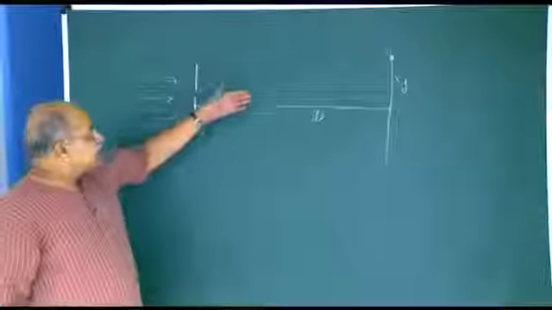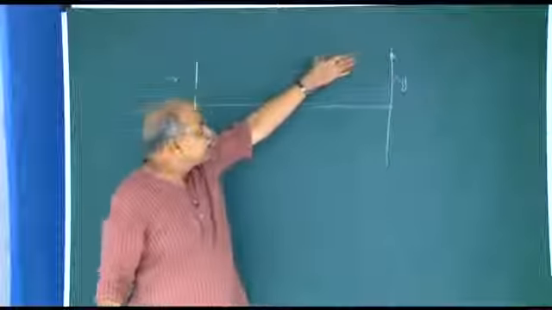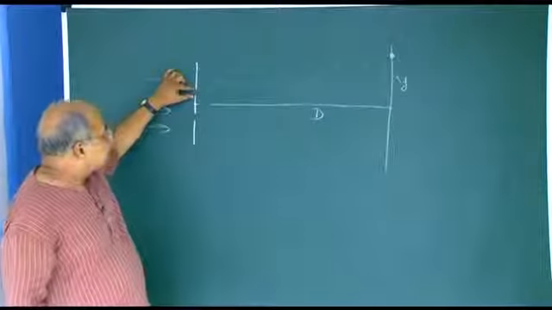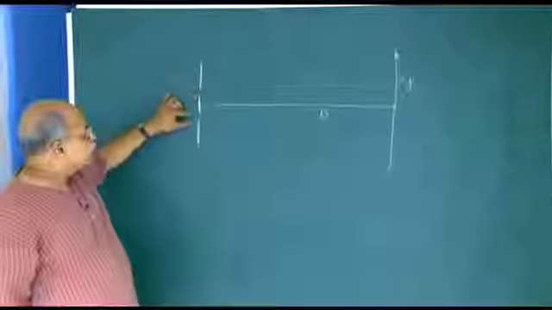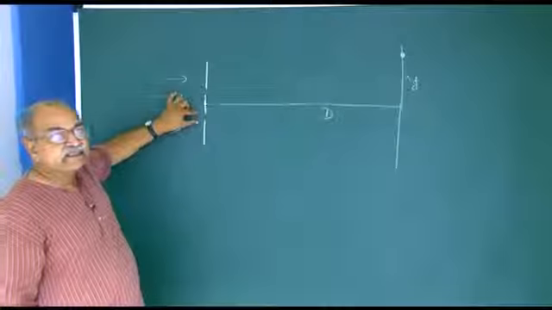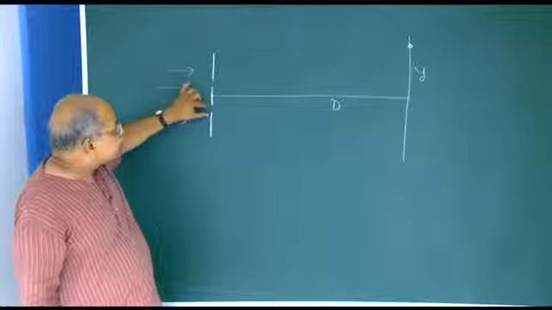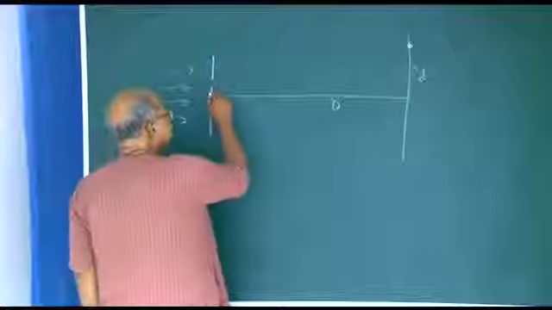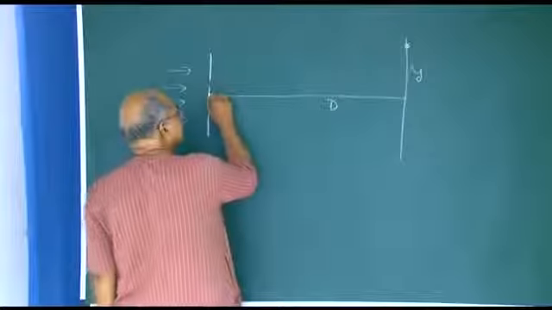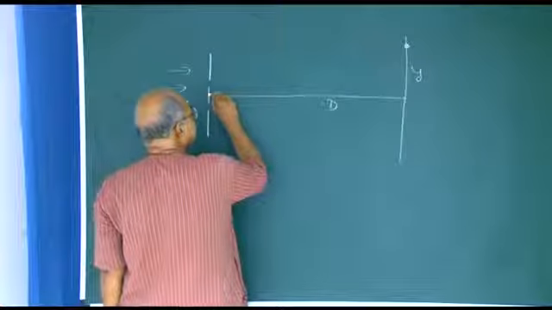Light reaches this point from the first slit and also from the second slit. How much intensity comes from the first slit and second slit? That depends on the width of the slit and then the angles.